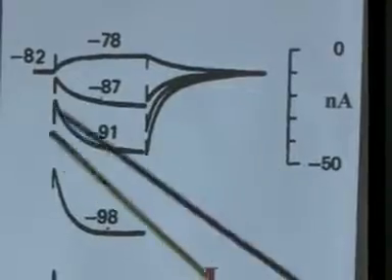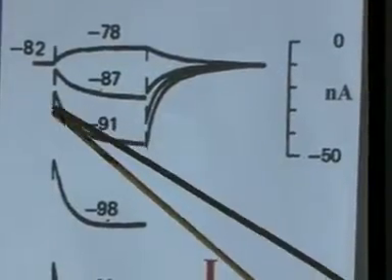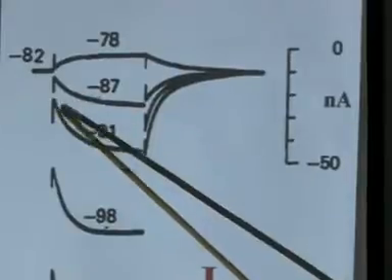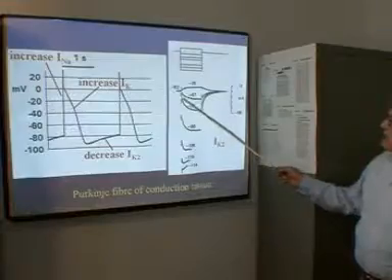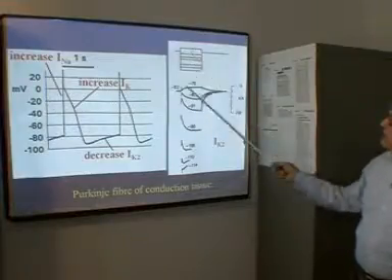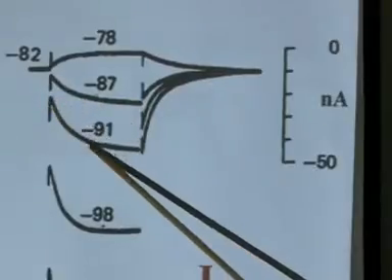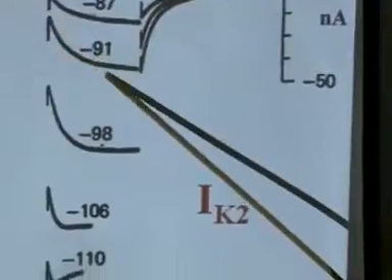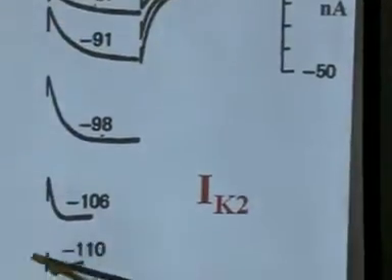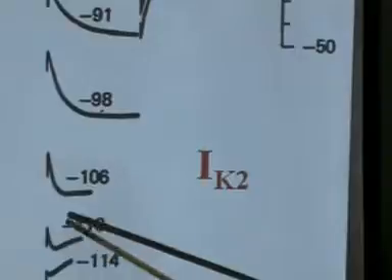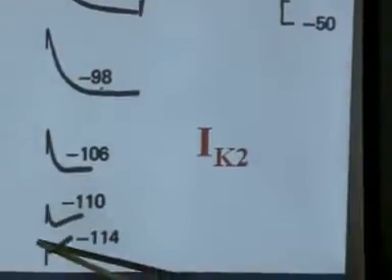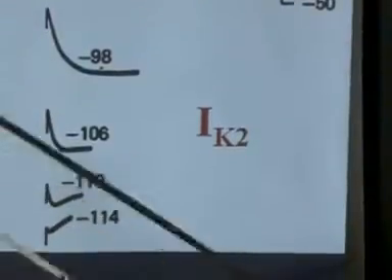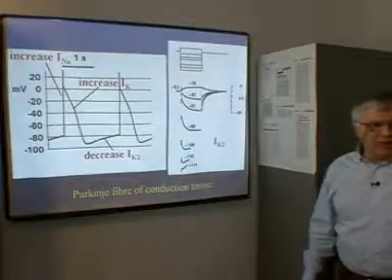The IK2 current, you can see a few traces here, was described as a potassium current activated on depolarization and deactivating on hyperpolarization. So this is a deactivating outward current, and the fact that it is a potassium current relied upon the fact that the current had a reversal potential around the expected potassium equilibrium potential.